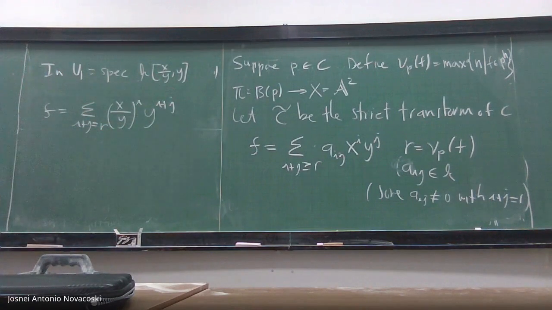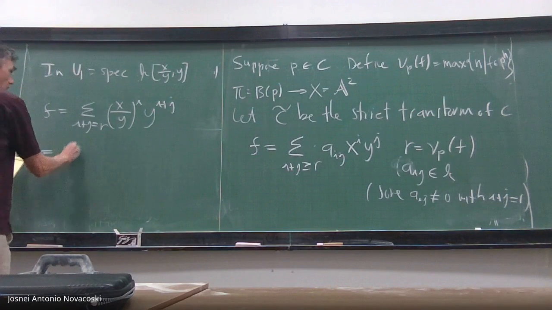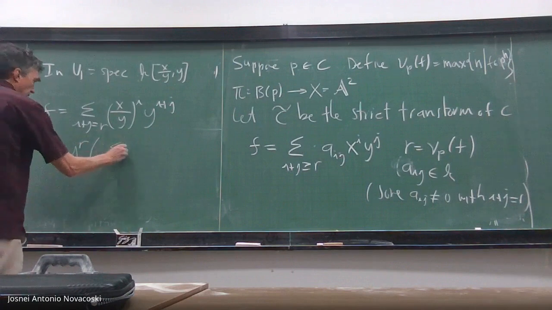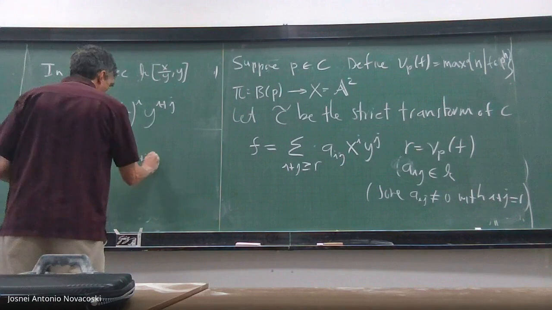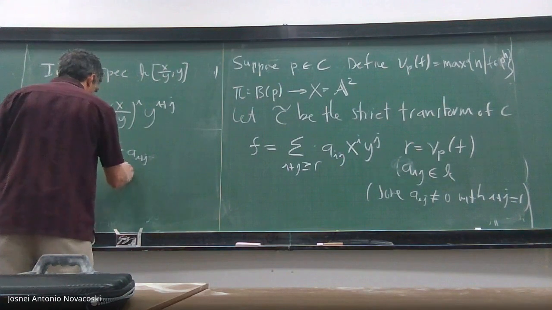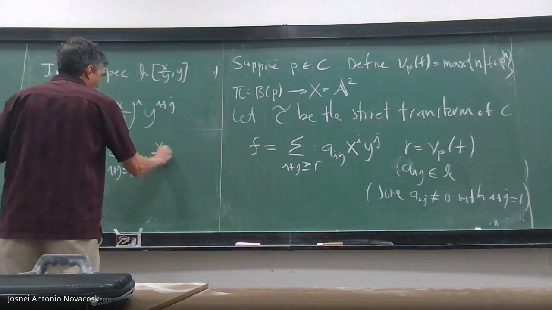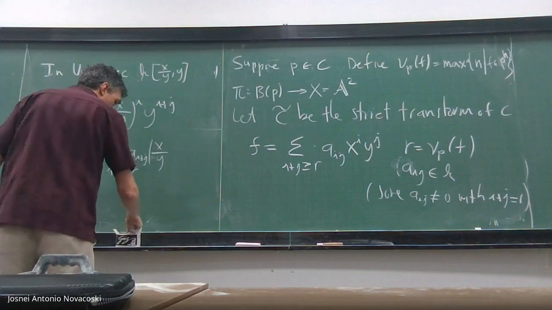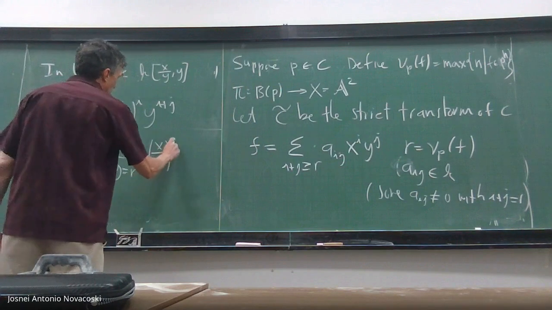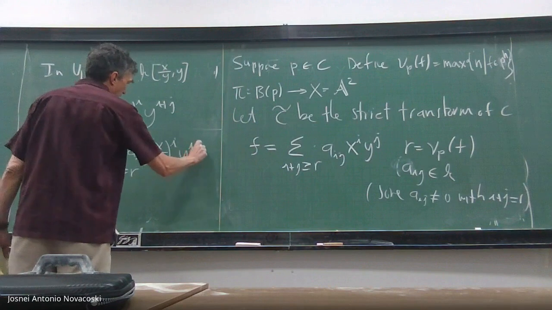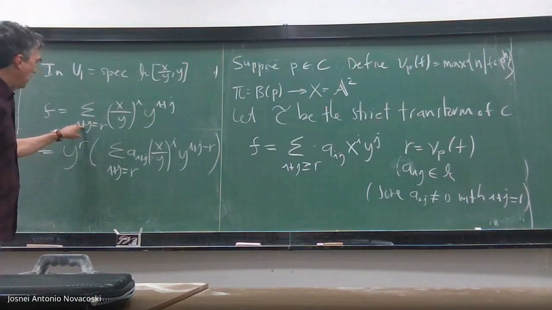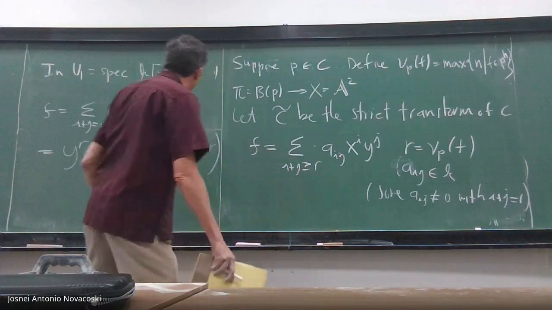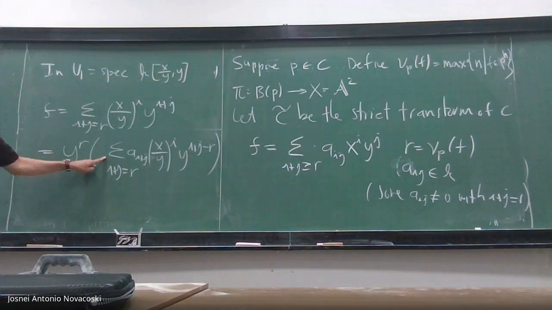We write it like this, and we see that this is equal to y to the r times the summation over i plus j equal to r of (x over y) to the i times y to the i plus j minus r. Remember that i plus j is always bigger than or equal to r, so this makes sense.